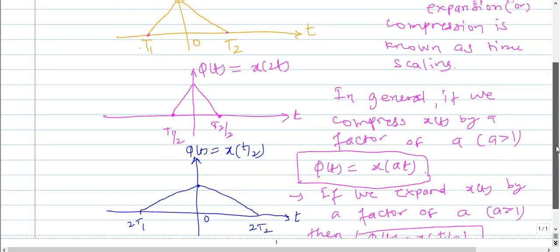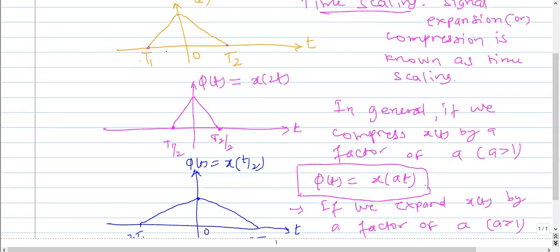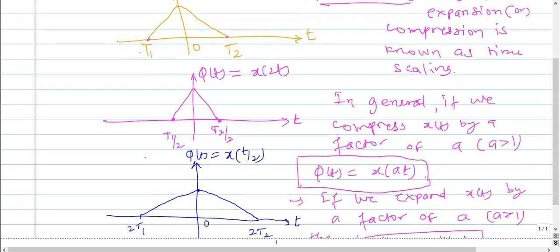It means whatever is happening in this signal at t1 will happen in the expanded signal at twice of t1, and for t2 it will be twice of t2. Remember that in the time scaling operation the amplitude remains unchanged.